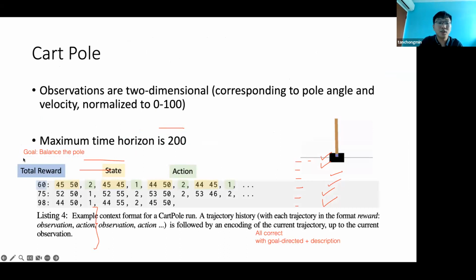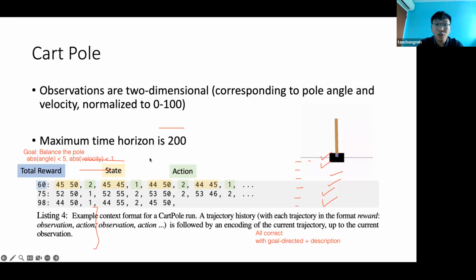And what does balance the pole mean? It means absolute angle below 5, or absolute velocity smaller than 5 or 1. Maybe you can just write it like that. I mean, it's not great at math, but if you can tokenize this somehow, that will be your goal.